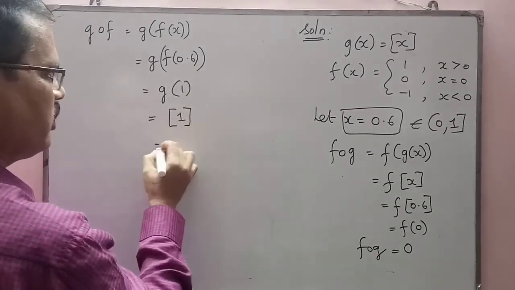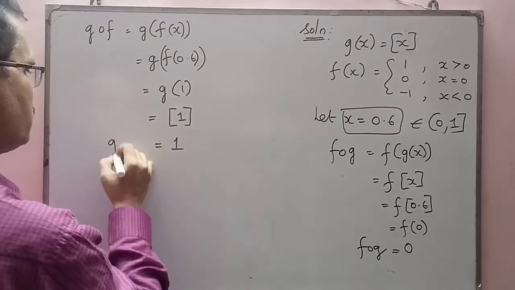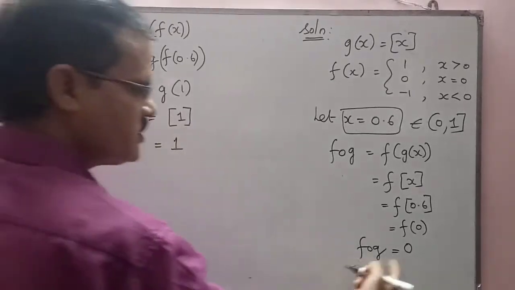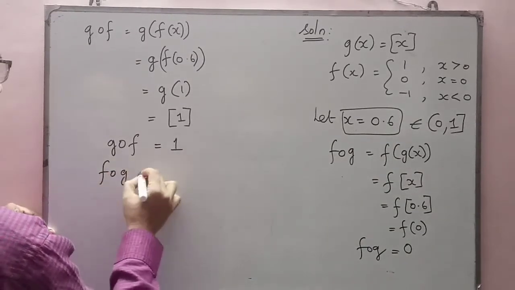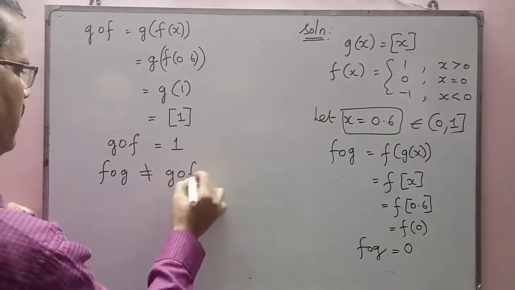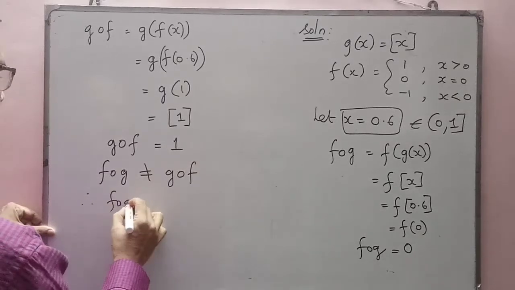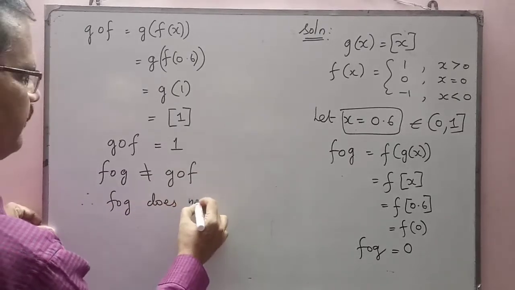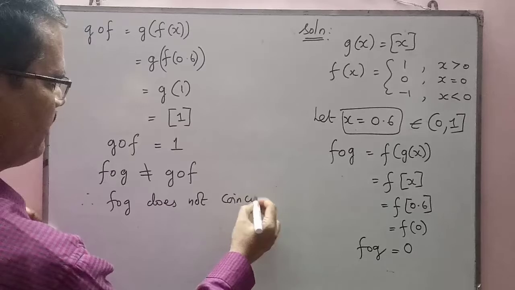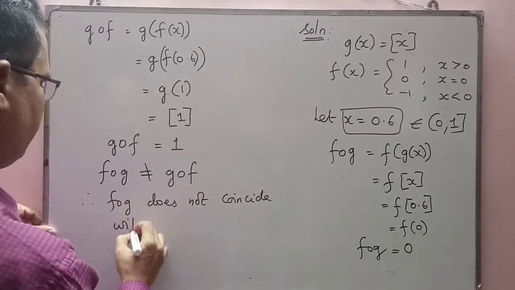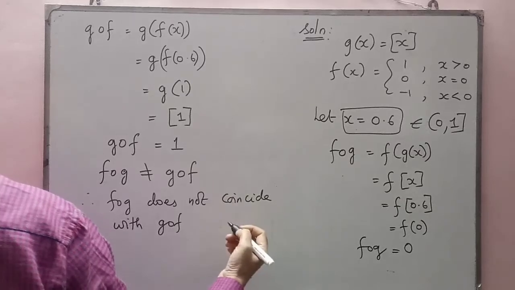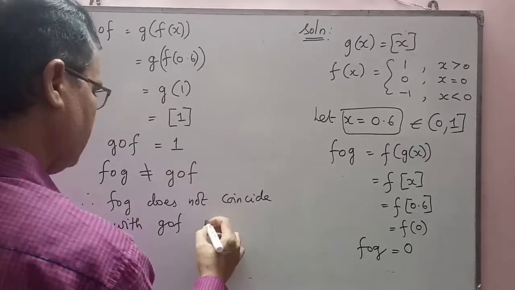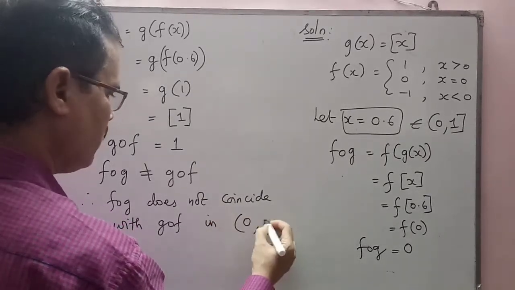What is the greatest integer of 1? Obviously it is 1. So you got g of f as 1, f of g as 0. So they do not coincide. So f of g is not equal to g of f. Therefore f of g does not coincide with g of f in the interval 0, 1.